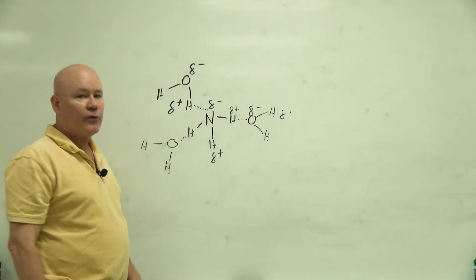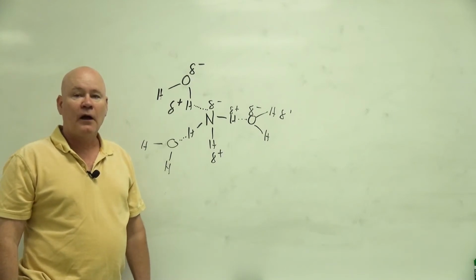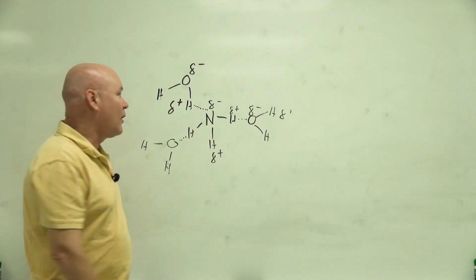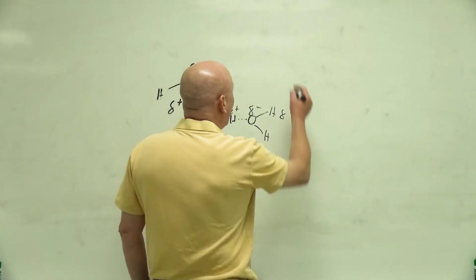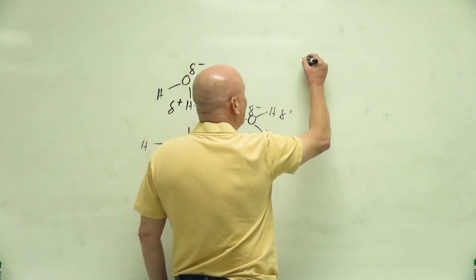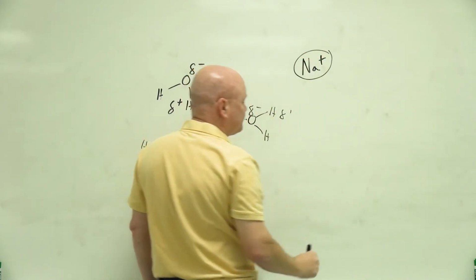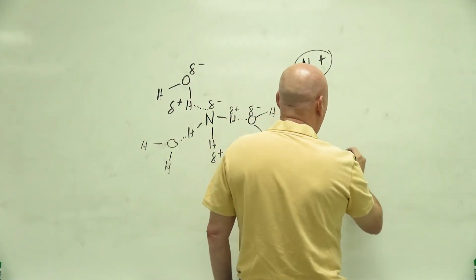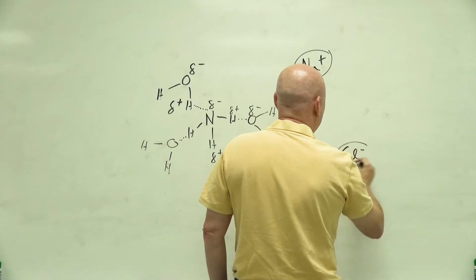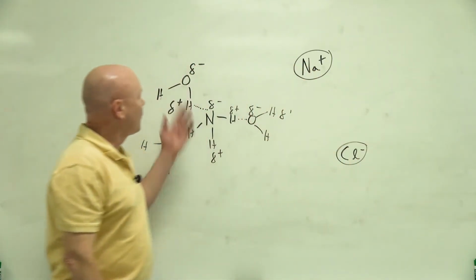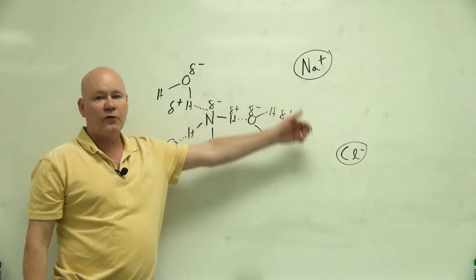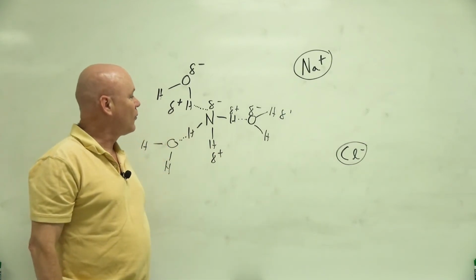Now, what happens if we have some sort of ionic compound? If we have an ionic compound like sodium chloride, what's going to happen is something very similar. Here's my sodium ion, and let's say we have our chloride ion down here. What's going to happen to these water molecules as it sees that positive charge and that negative charge on the sodium and the chlorine?